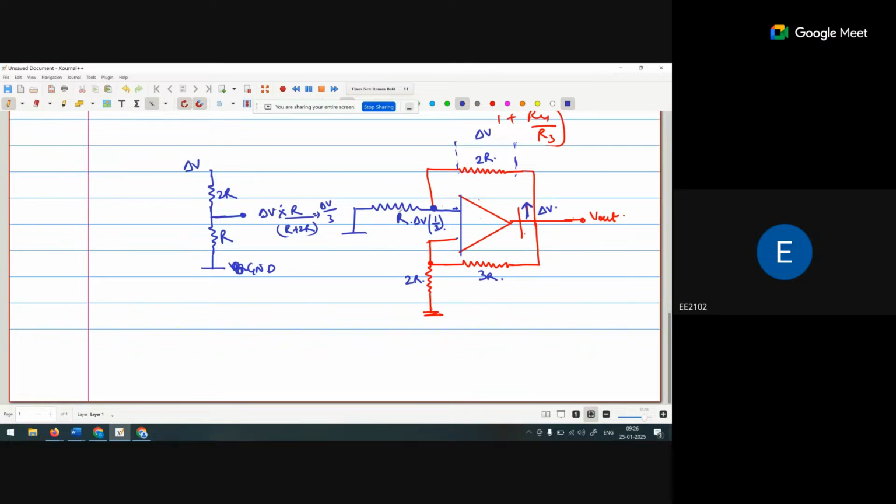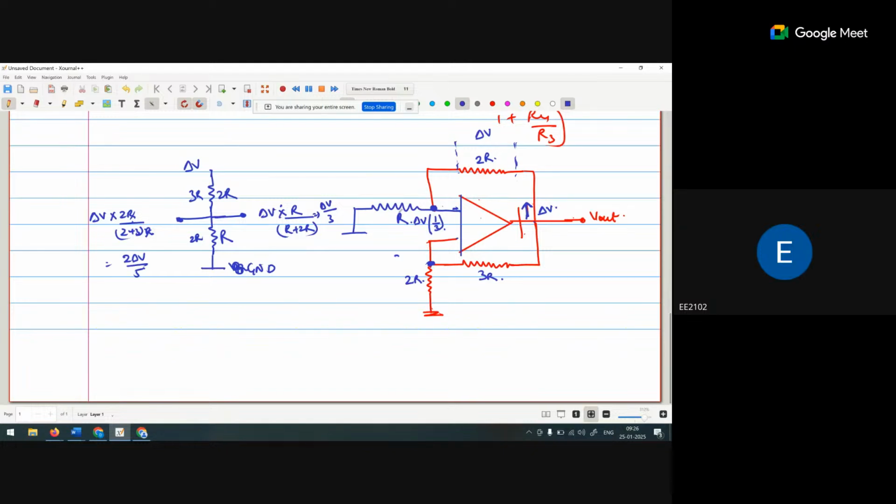Now, what is the voltage drop at this other point? Again this is the del V variation, passing through 3R and 2R. So the drop at this point is del V into 2R upon 2R plus 3R, so 2 del V by 5.